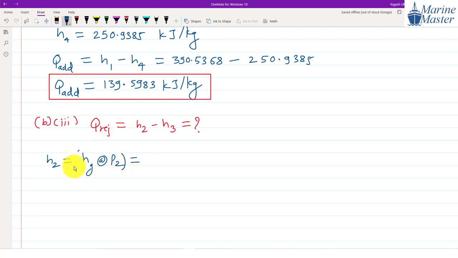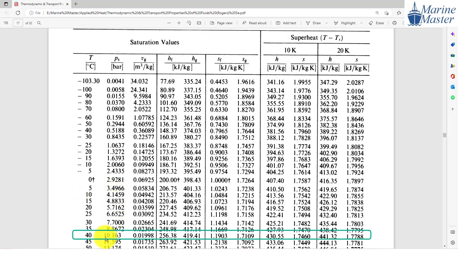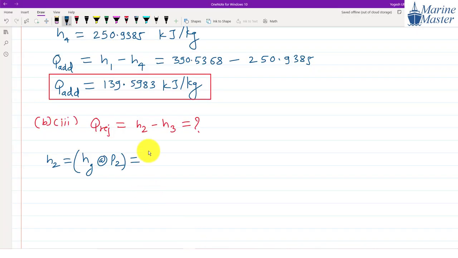Go to the property table and find Hg at P2 pressure, 10.163. Hg becomes 419.41 kilojoule per kg. We got the Hg value.